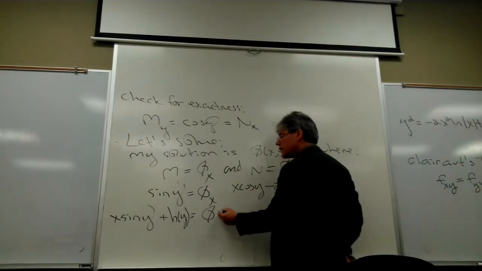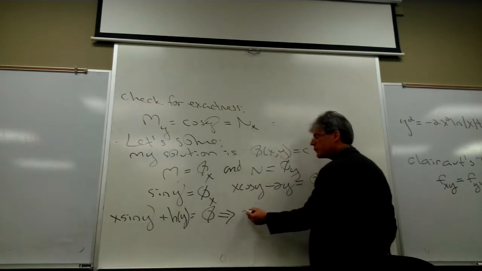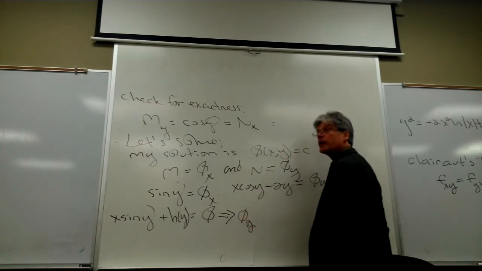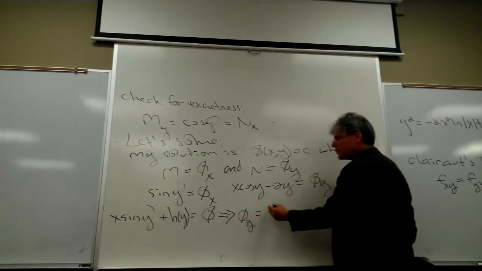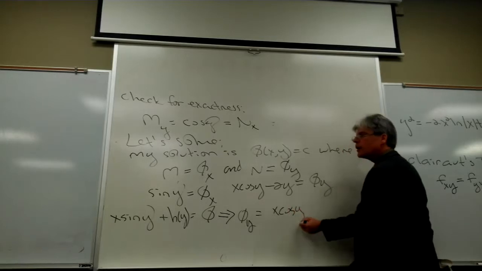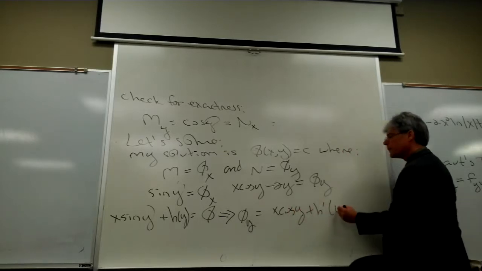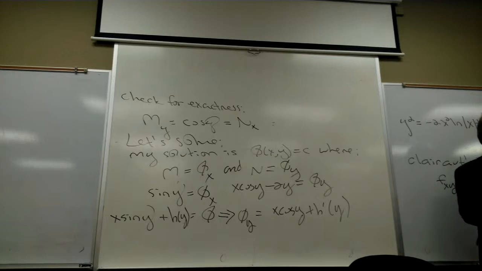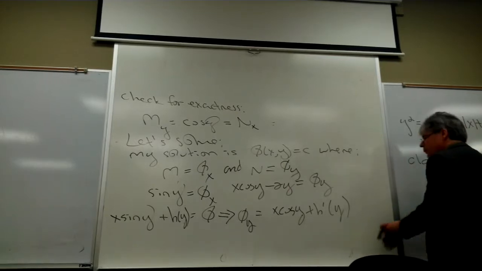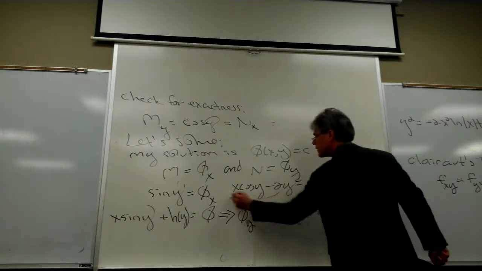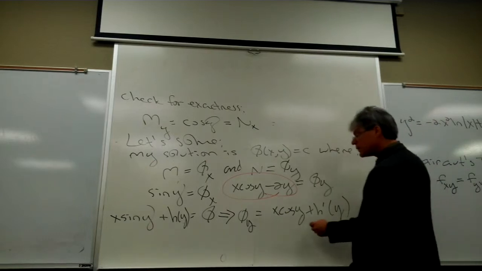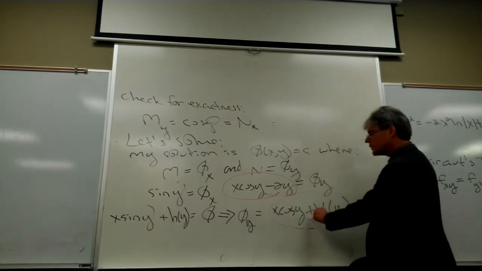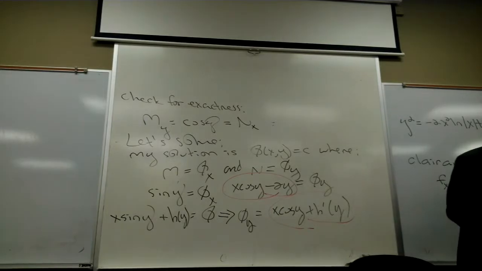For this equation down here, imagine what would happen if I partially differentiated this phi with respect to the variable y. Isn't that just going to give me x cosine of y plus h prime of y? However, what you see inside this big circle is just the partial of phi with respect to y. What you see inside this circle right here is also the partial of phi with respect to y.